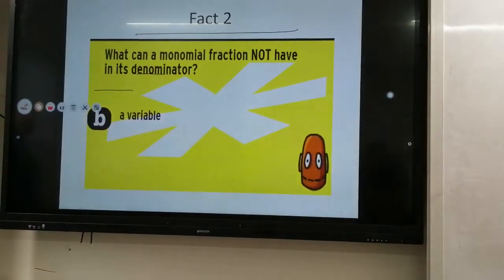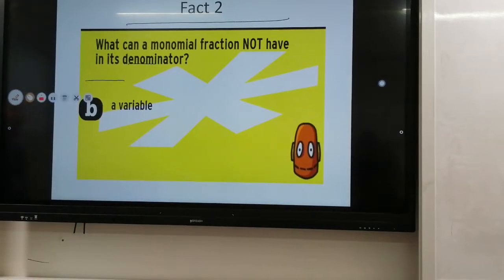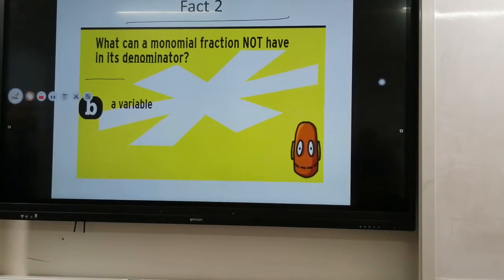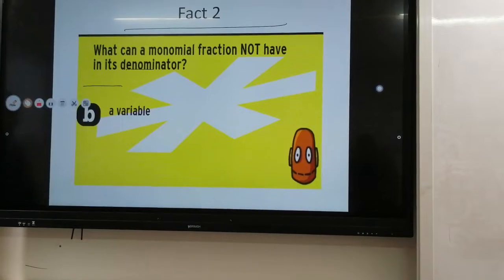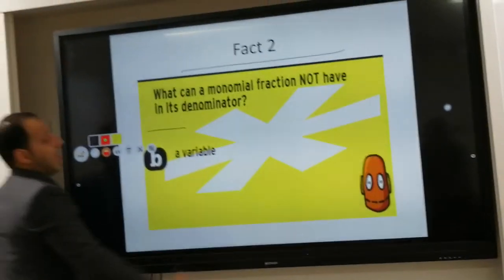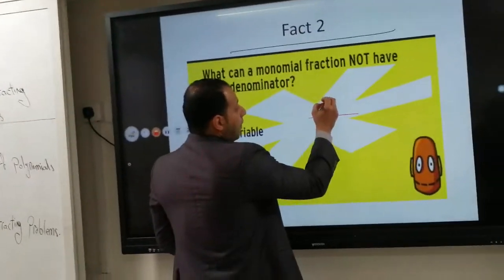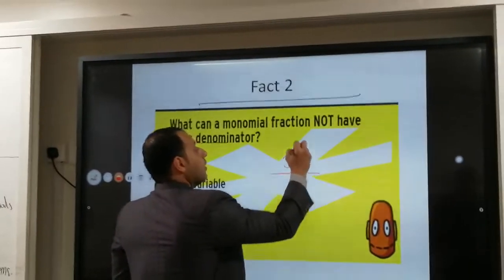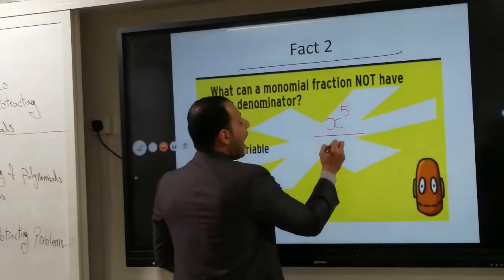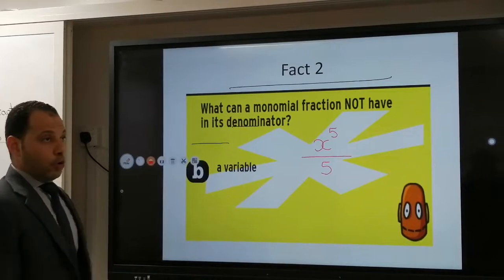In the second fact, what can a monomial fraction not have in its denominator? If I have a fraction like this, can this be a polynomial? Yes, it's a polynomial.